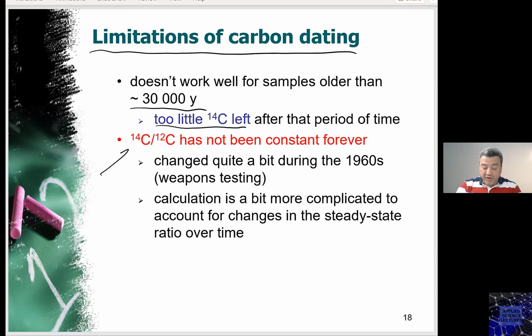Also, the C14 ratio itself went through changes during the past due to some major events that happened in our history. So the calculation is a bit more complicated to account for all those changes. It's not a very simple task to do.